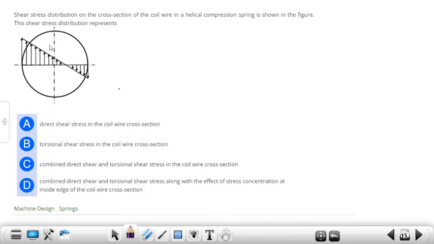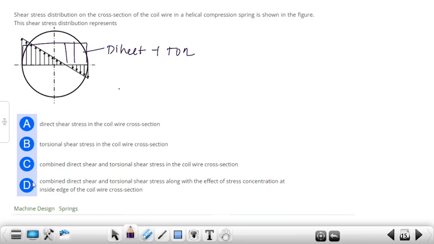This is the direct stress, and this is also linear, so direct plus torsional.